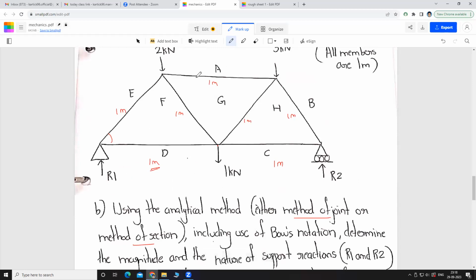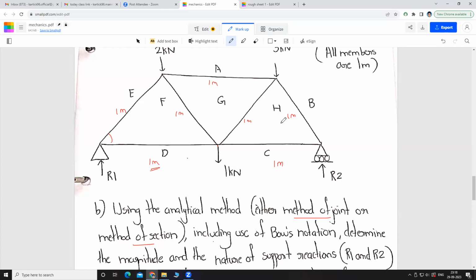This notation means, if you mention some notation between the forces, since you are giving notation between the forces in capital letters, then it is known as Bow's notation. If you look at this one, here we have the Bow's notation.